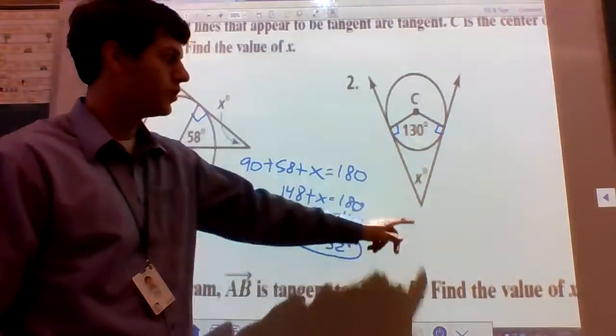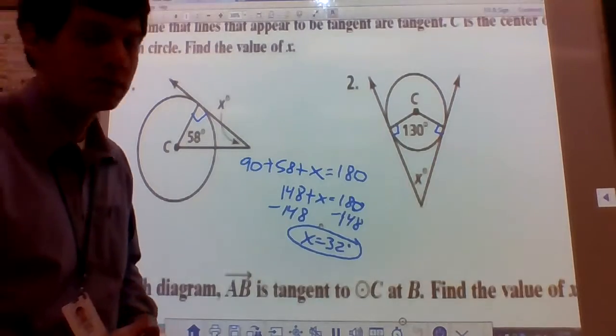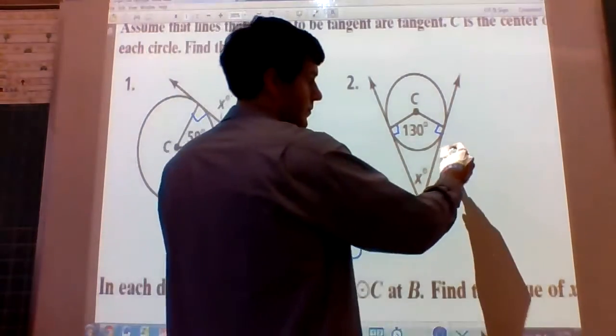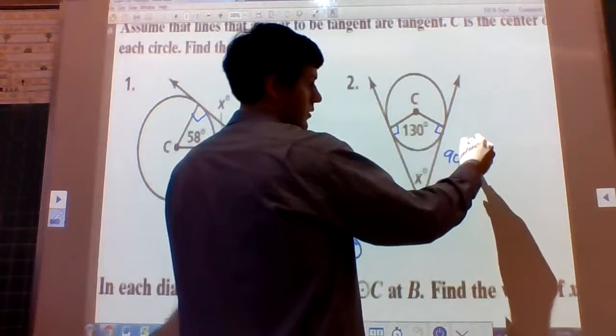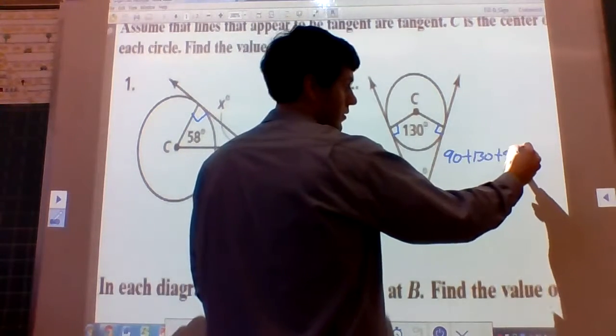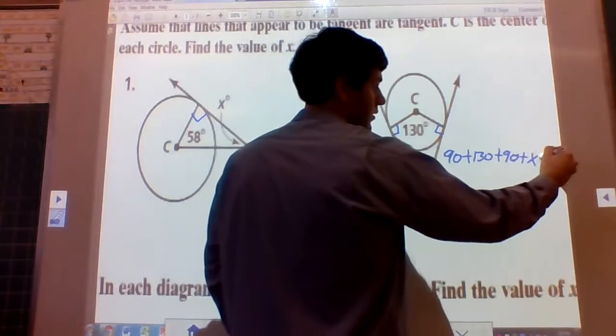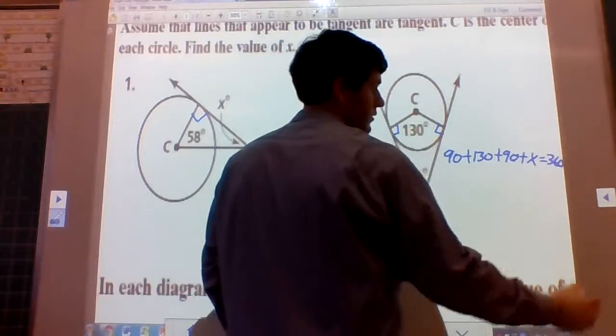So we have a quadrilateral. It's got 4 sides. We know the 4 angles of a quadrilateral add up to 360. So we have 90 plus 130 plus 90 plus x equals 360.